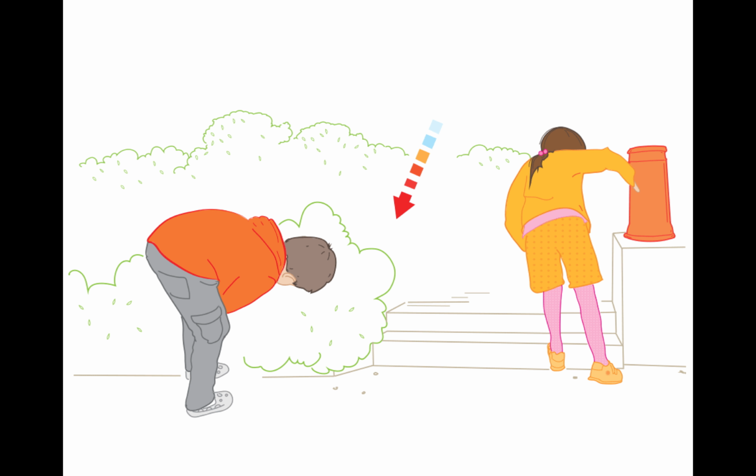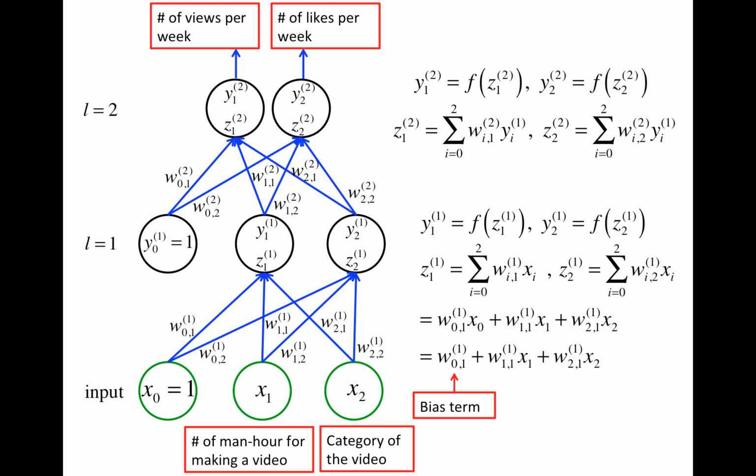The hidden object we are trying to find here is the best set of values for all the weights in this neural network. How hot we are is given by how close the computed output by our neural network is to the actual output.